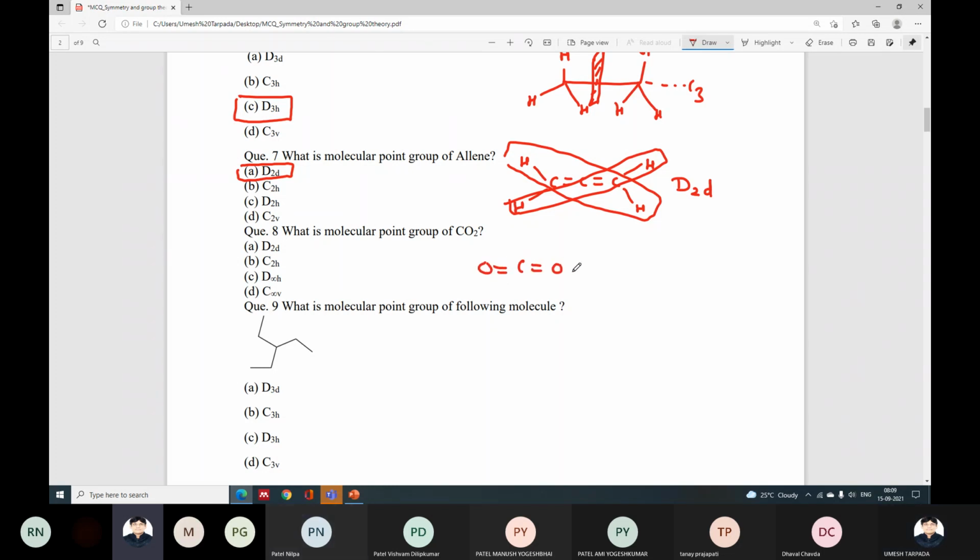D∞h. The principal axis is infinite, and there are an infinite number of perpendicular C2. So the symbol is D infinity, and sigma h is there, so it's D∞h.